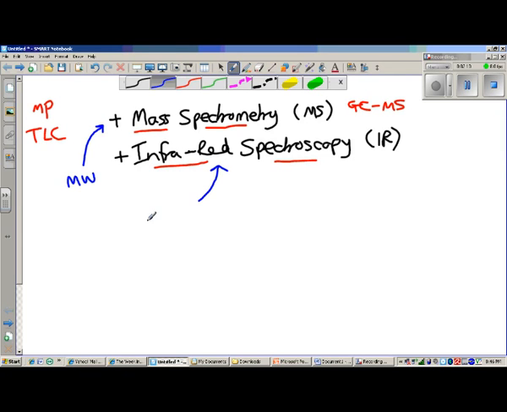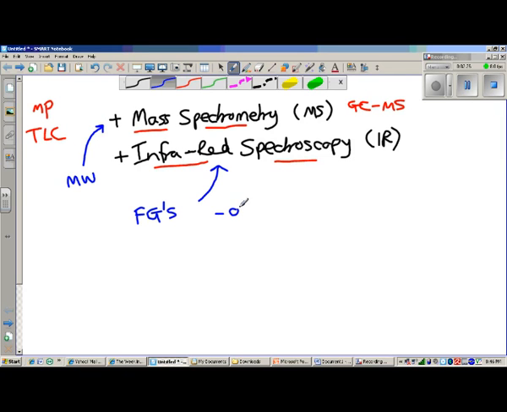Infrared spectroscopy isn't really very useful for telling you what the general makeup of the molecule looks like, what its general structure is, but it does tell you some very useful stuff about different types of functional groups present in the molecule.